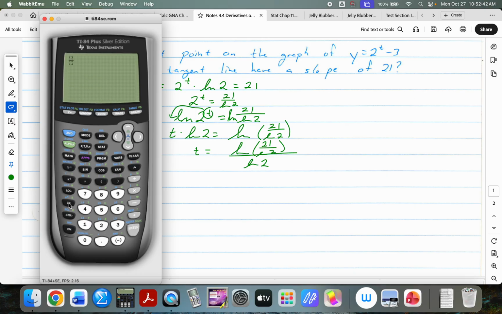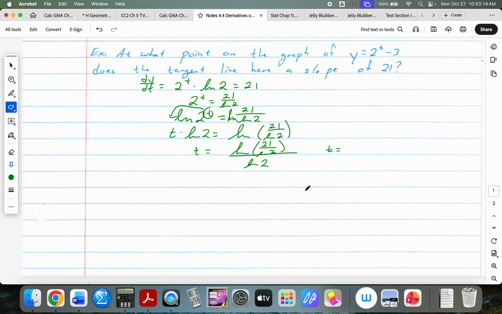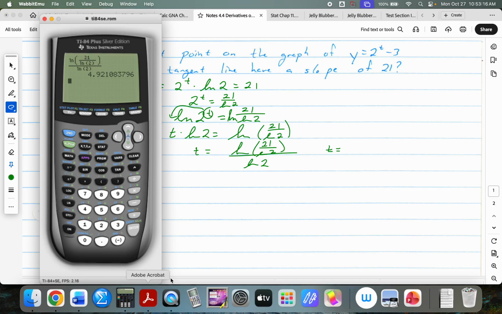So I'm going to have the natural log of 21 over the natural log of 2, I guess I'll go ahead and put it in a parenthesis there, all over the natural log of 2. Is t equals 4.92 something, 4.921.